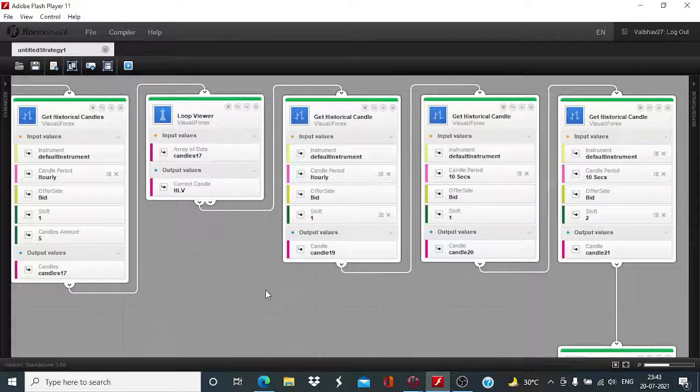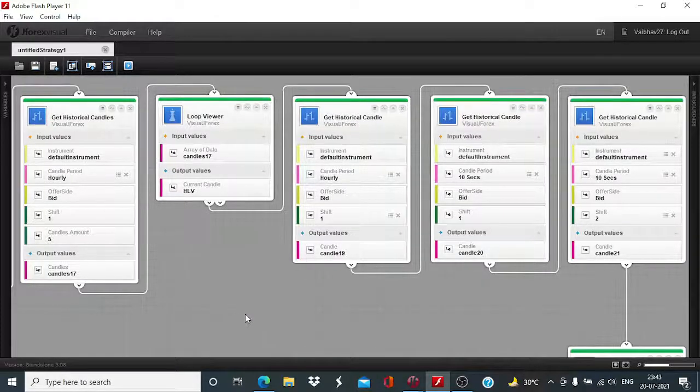When placing a buy order we will be placing a limit order, so we will need to deduct the difference, and while placing the sell order we will be placing a limit order, so that means we will have to add, and it will be placed on the higher side of the current value.